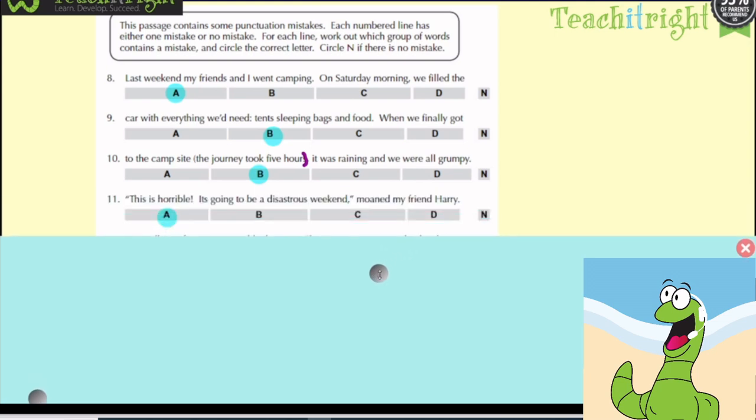This is horrible. It's going to be a disastrous weekend, moaned my friend Harry. We are missing an apostrophe in the word it's, because it's a contraction of it is. It is going to be a disastrous weekend, moaned my friend Harry.